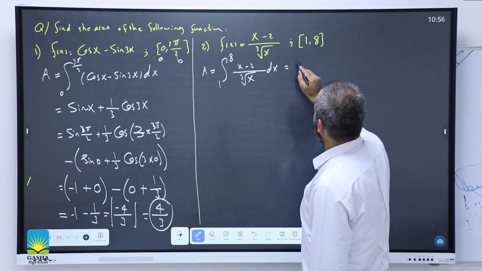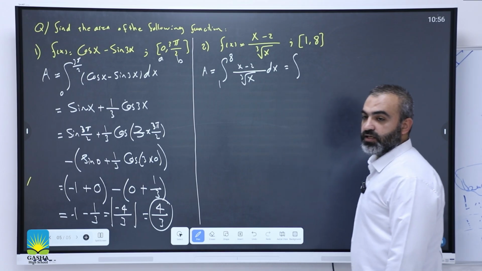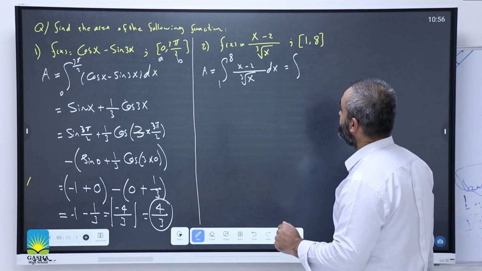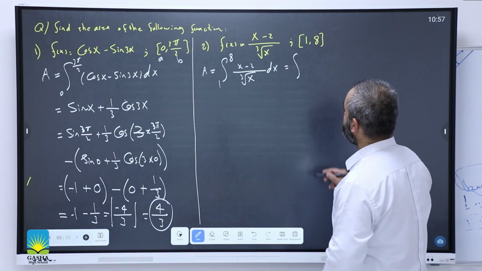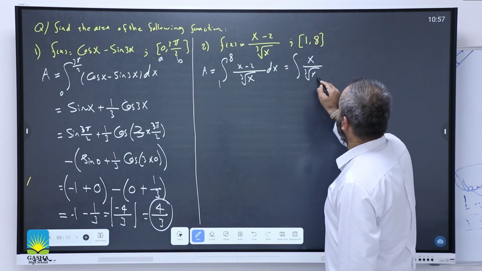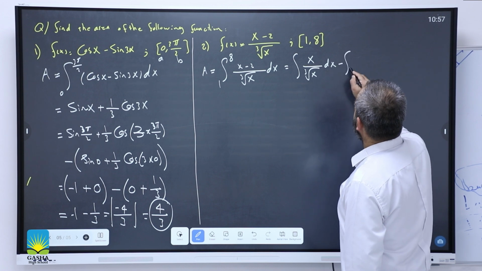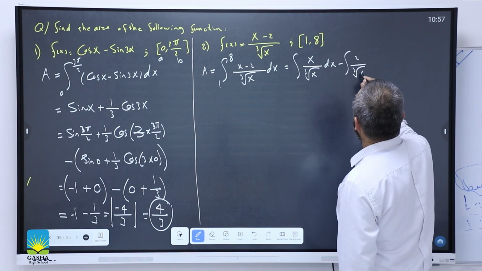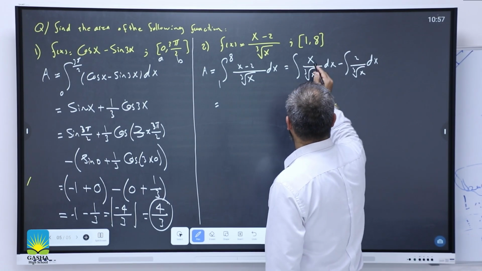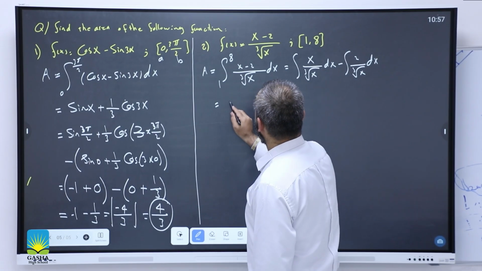So we use the methods of the indefinite integral to find the definite integral. So x over cubic root of x dx minus 2 over cubic root of x dx, right? So how to simplify this?